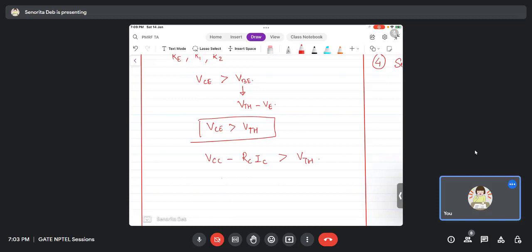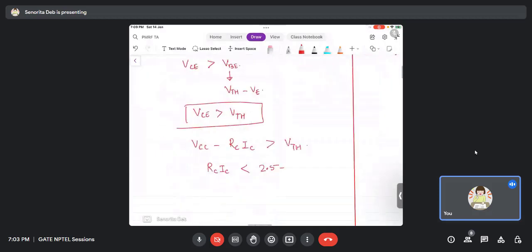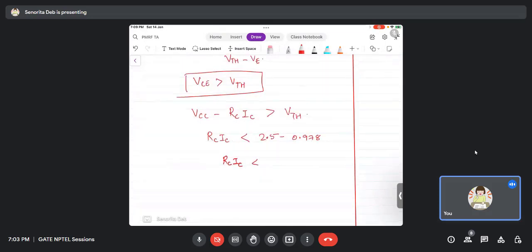Now you solve this. RCIC should be less than 2.5 minus what was VTH? We got VTH as 0.978, right? So RCIC should be less than 2.5 minus 0.978, which is 1.522.